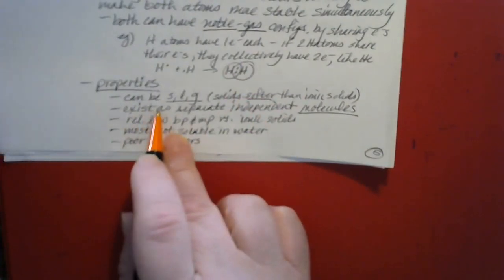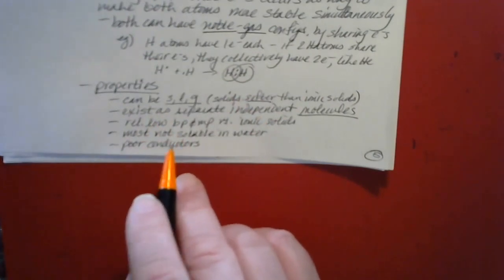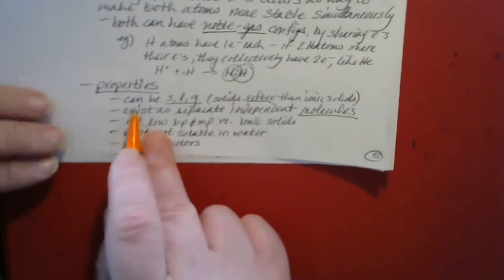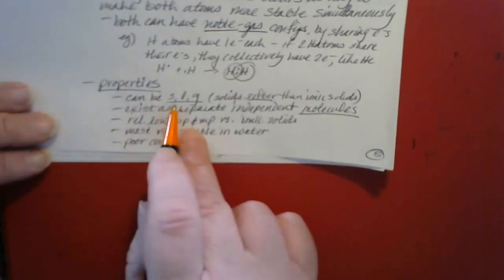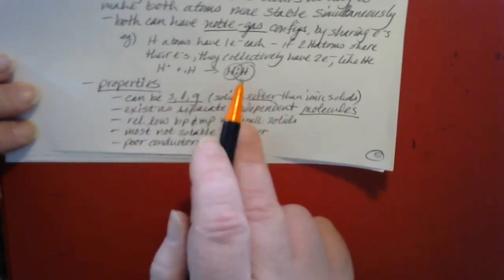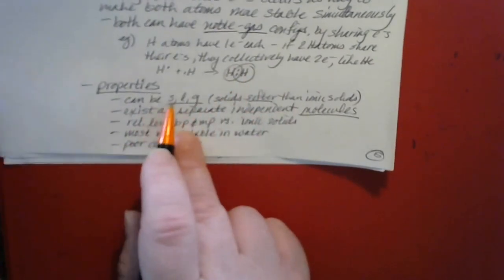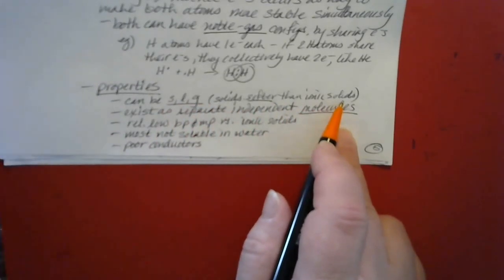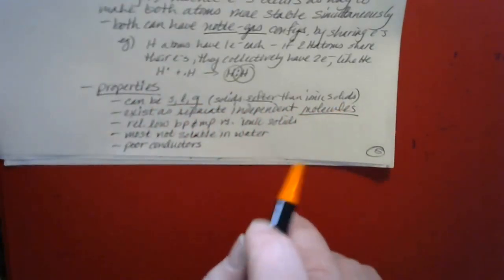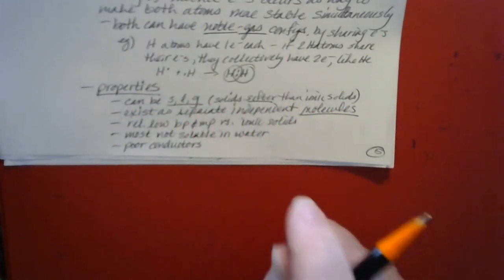Properties of covalent compounds are generally less extreme compared to those of ionic compounds. For one thing, covalently bonded molecules or compounds can be solids, liquids, or gases. Hydrogen, for instance, is a gas, and that's a covalent bond. Covalently bonded solids tend to be softer than ionic solids. If you think of something like sugar, or candle wax, that's covalently bonded, and it's definitely quite a bit softer than something like salt.